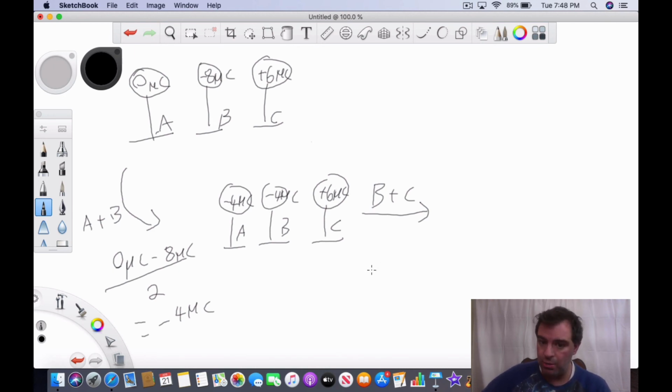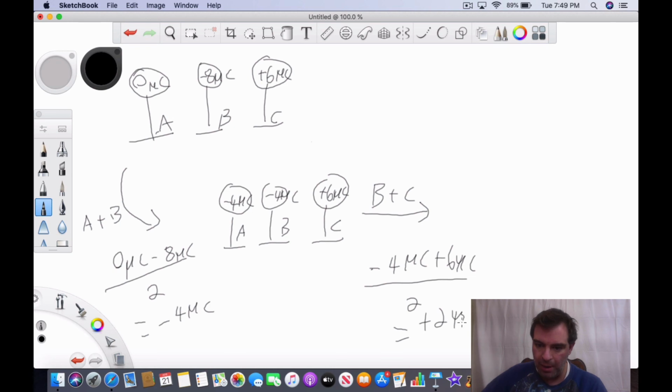So let's do this calculation right here. Negative 4 microcoulombs, positive 6 microcoulombs, and again, we have two objects. Negative 4 plus positive 6 is going to be 2. So 2 divided by 2 is going to give us a positive 2 microcoulombs each.